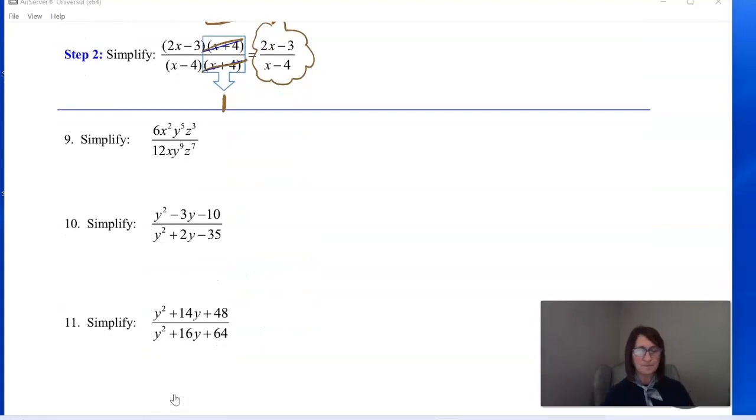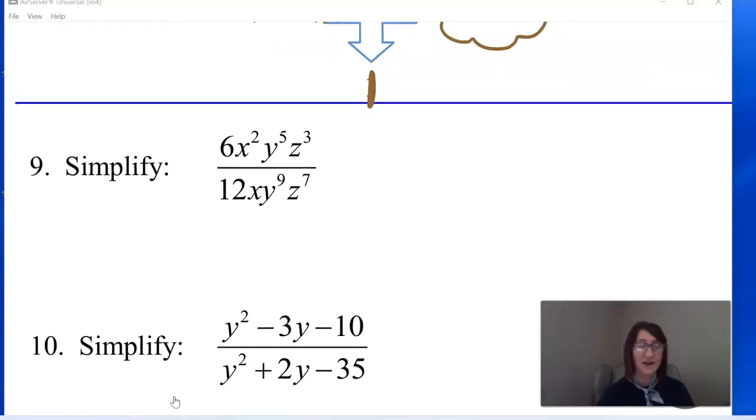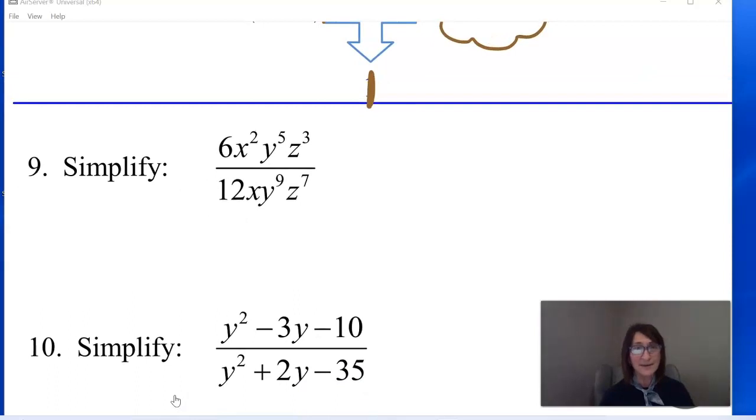All right. So let's look at number 9. Number 9 should look a lot like something we've already done. When we were looking at integer exponents, we were doing problems like this. So I'm going to simplify this by drawing a fraction bar.